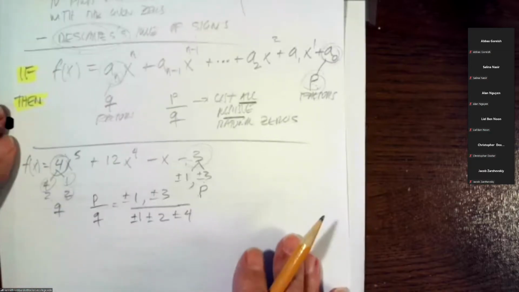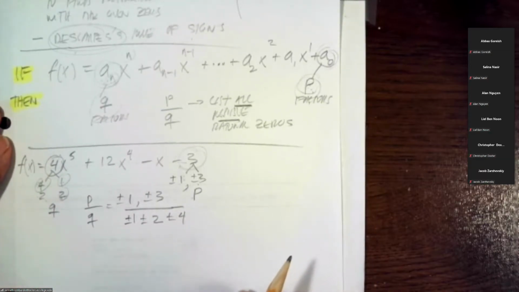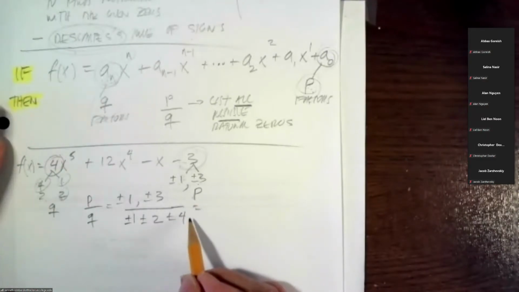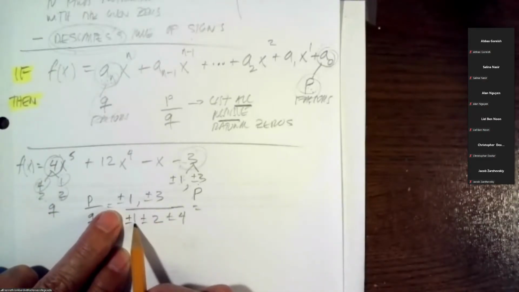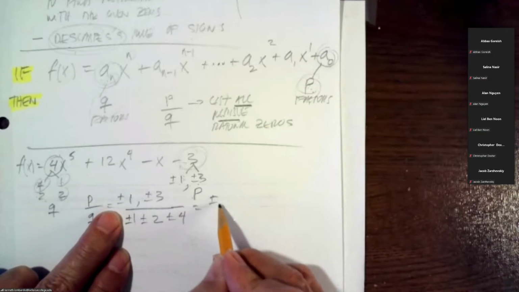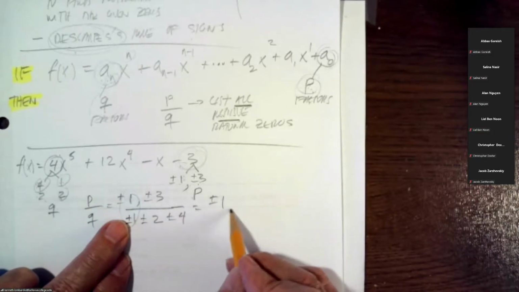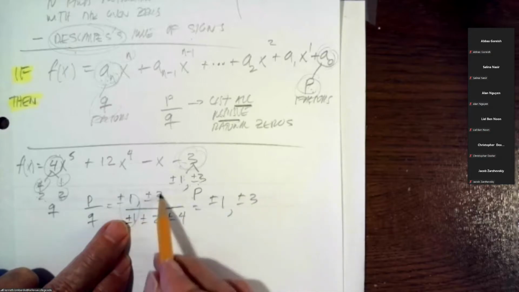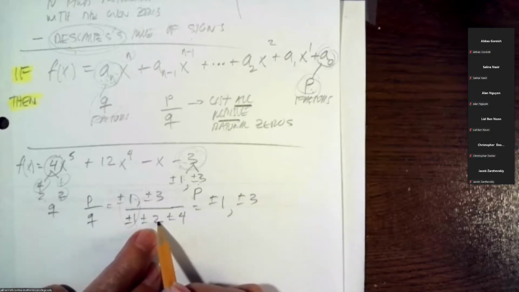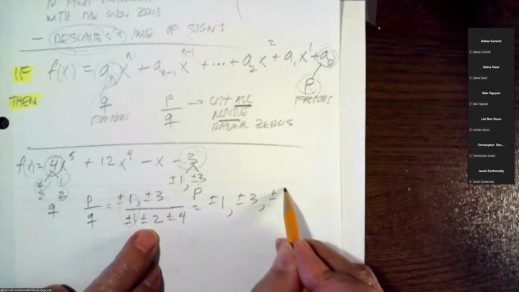So this lists all the possible factors. Then if I take 1 over 1 here, I've got plus or minus 1, that's this. 3 over 1, so plus or minus 3. 1 over 2, so that's plus or minus a half.